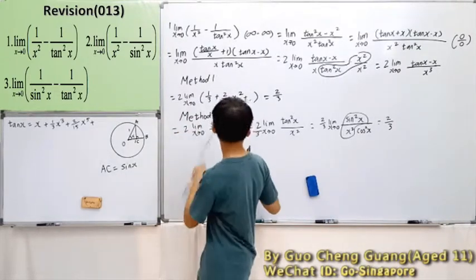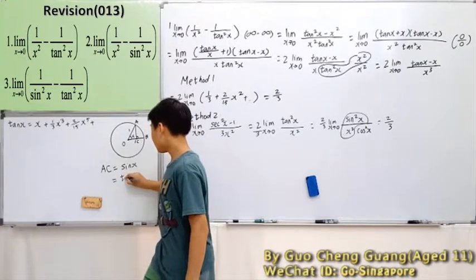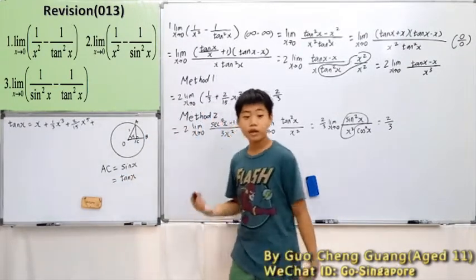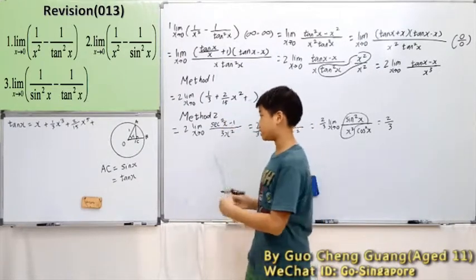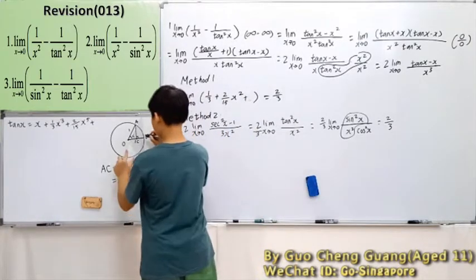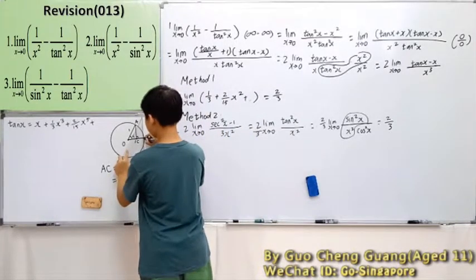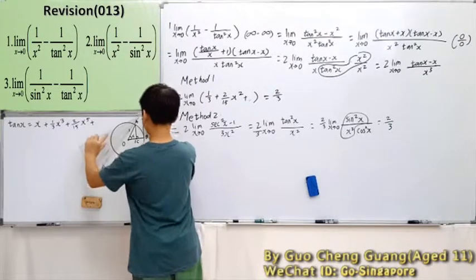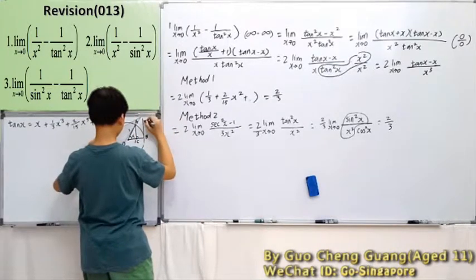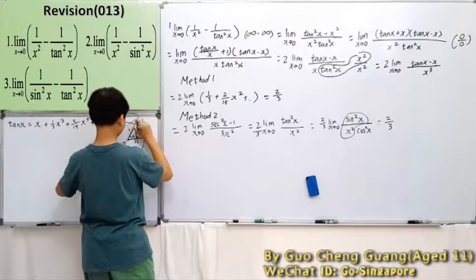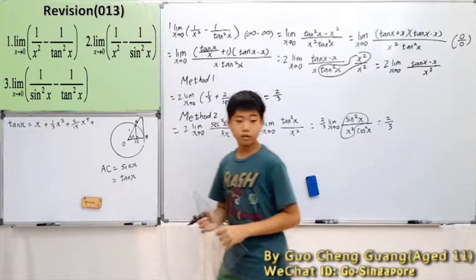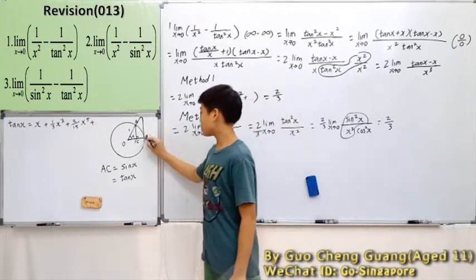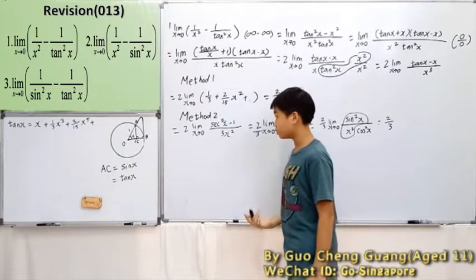But what if, for example, we want tangent? Now tangent is the opposite side over the adjacent side. Now, we could take this as the adjacent. That means it will become 1. Then like this, this is still a right angle triangle.